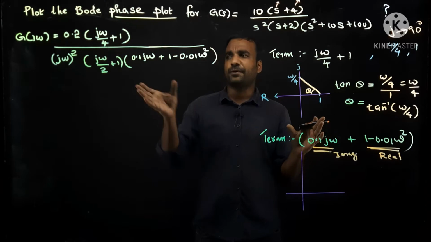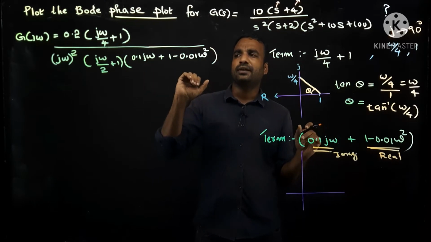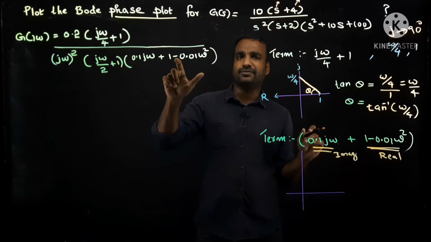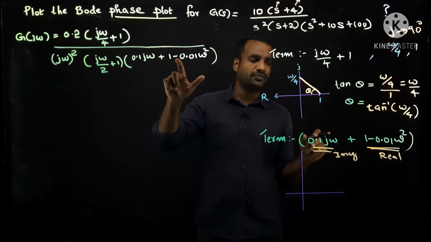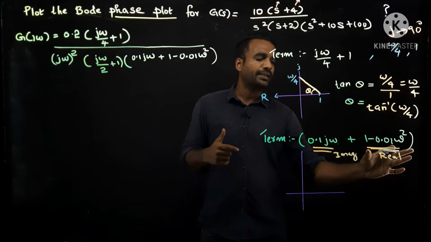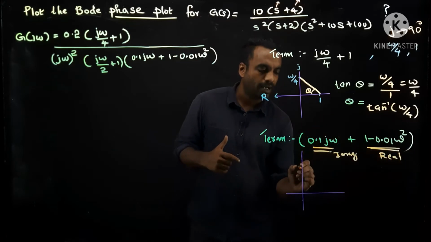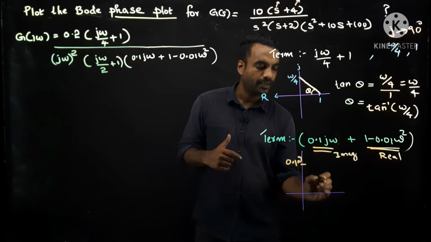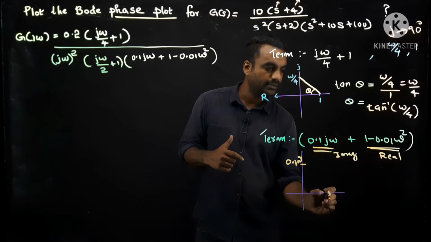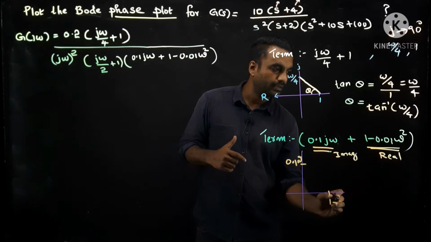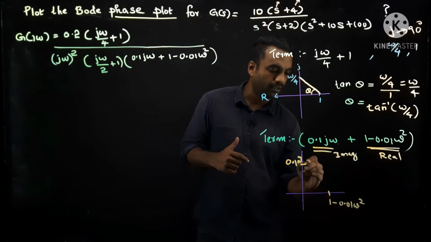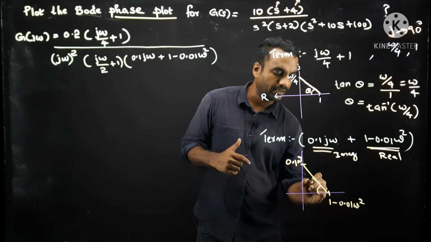If it is a quadratic equation, put s equal to j omega, then one term will have j square, that should be replaced by minus 1. J square is equal to minus 1. By that you will get some real term and some imaginary term. Mark the imaginary term here, that is 0.1 omega, and mark the real term here, that is 1 minus 0.01 omega square, and this is our theta.